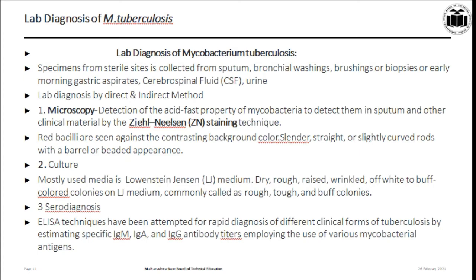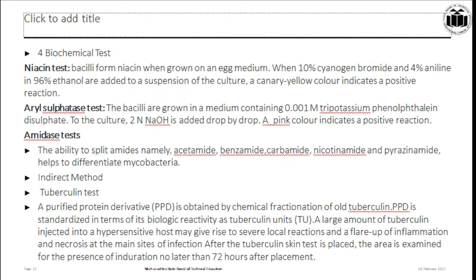In such a way you can diagnose Mycobacterium tuberculosis by microscopic, cultural and serological diagnosis methods. But still, other methods are also there to diagnose Mycobacterium tuberculosis.